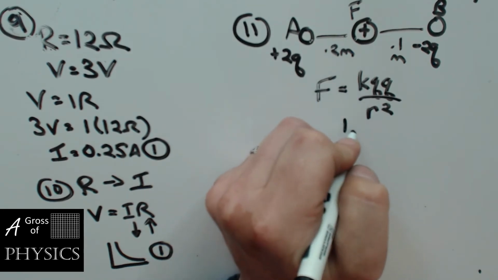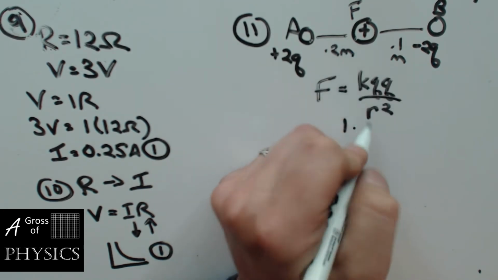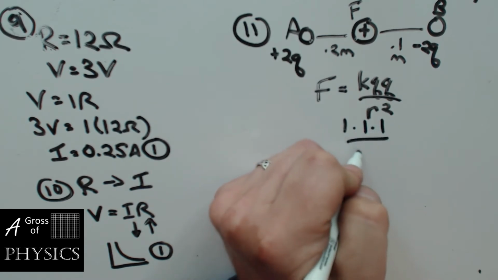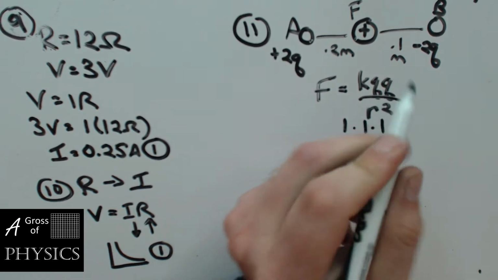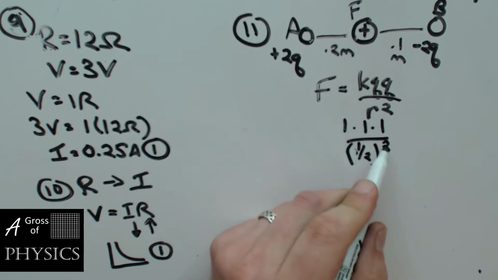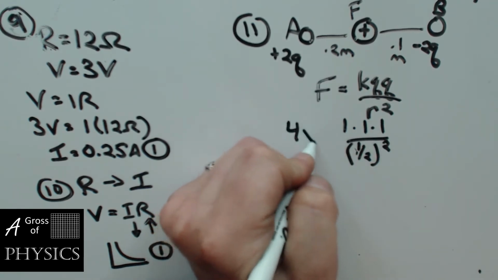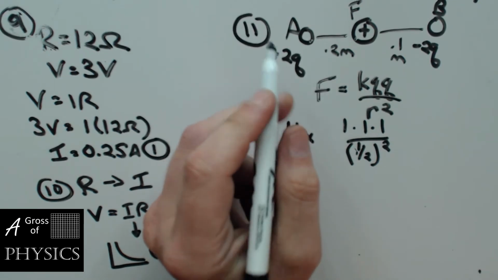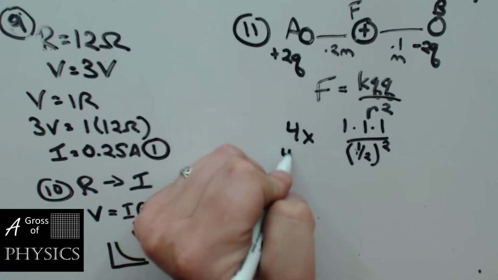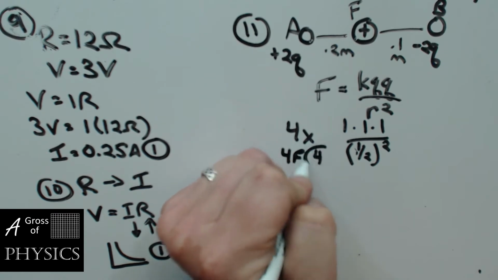K is constant, so I put a 1. The charges are the same, so I'm putting 1 on each of those, but the distance is half as great. So if we do 1/2 squared, that's 1/4, but since it's on the bottom, it's 4 times bigger. So it's going to be 4F, which is choice 4.